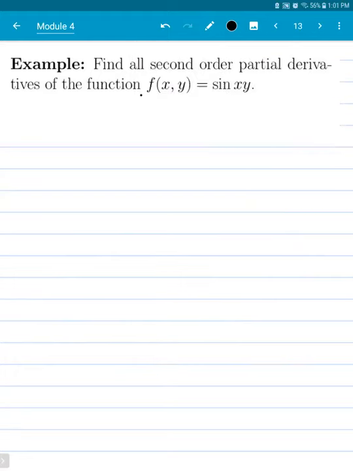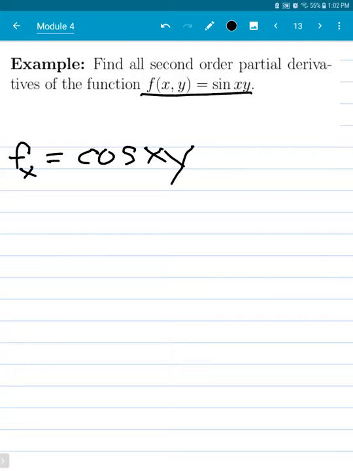Okay. So here's our function. We're now differentiating with respect to x. First order muna tayo. The derivative of sine is cosine, so let me copy, just replacing sine by cosine. And then the rest would just be to differentiate this term with respect to the variable in consideration. So we're going to differentiate that with respect to x. Now, what's the derivative of xy with respect to x? Anyone? Why, sir?